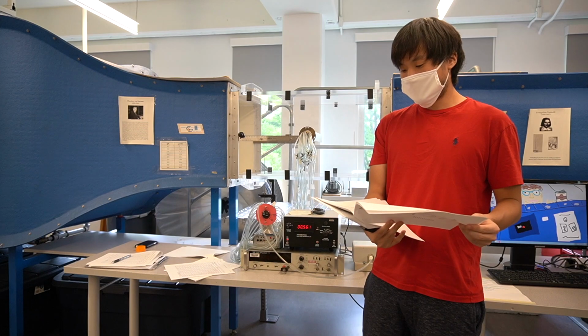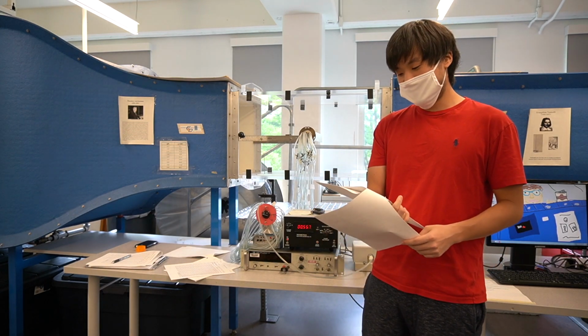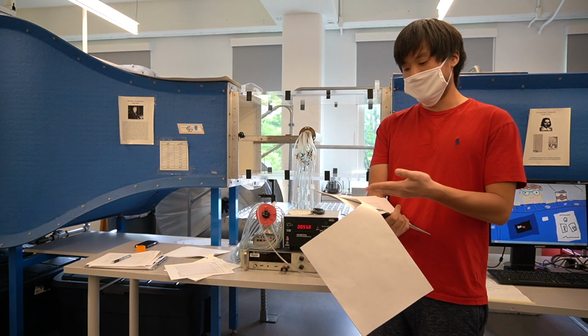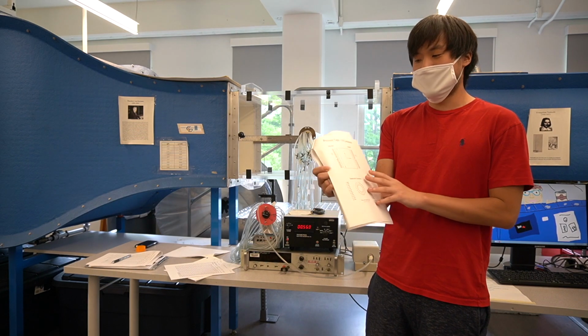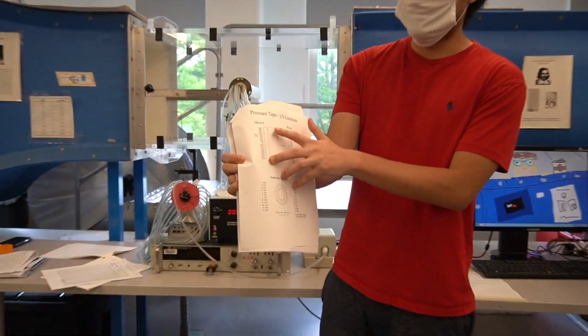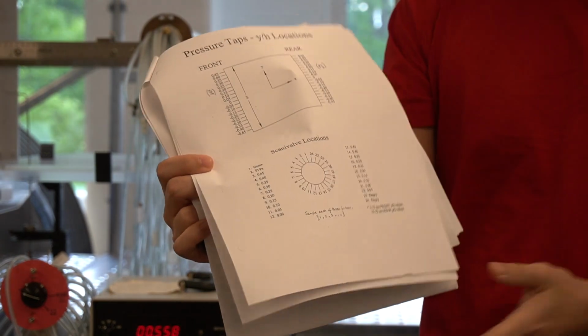At this point you might have noticed that we've only measured data for positive y over h's. On the page the y over h's span from 0 to 0.45, and if you go back a couple of pages to the pressure tap locations, they span from minus 0.5 to positive 0.5. A natural question is why we aren't measuring the negative side.